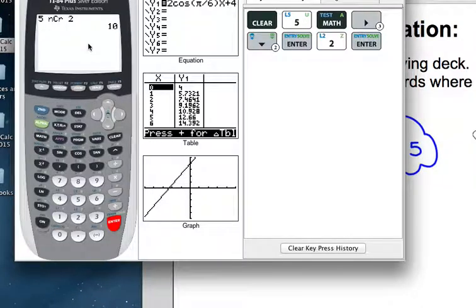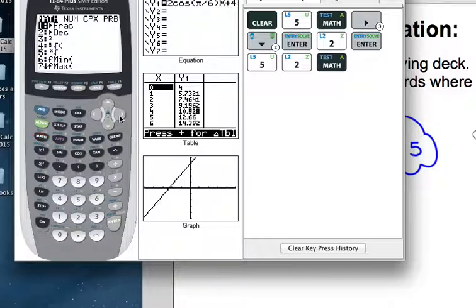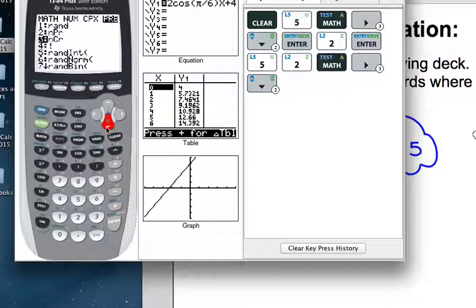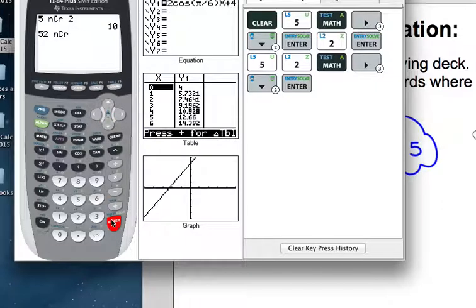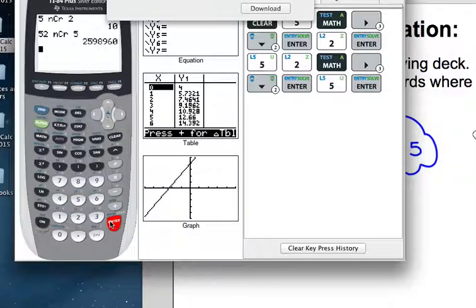All right, we're going to plug in the 52 cards. We're going to choose 5 of them, so we go to math, arrow over to probability, go down to number 3, enter, and we have hands of 5 cards. Enter.